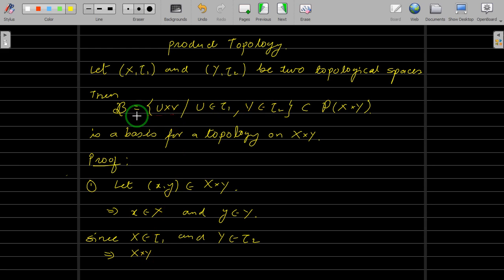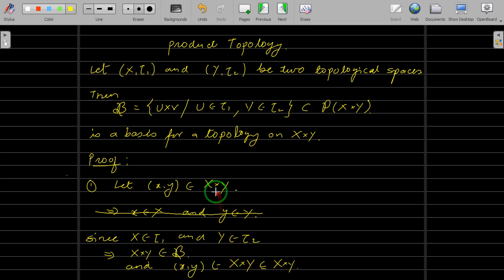That means it will be in this B. This implies X cross Y is an element of B. And (x, y) belongs to X cross Y, which is just the whole space.